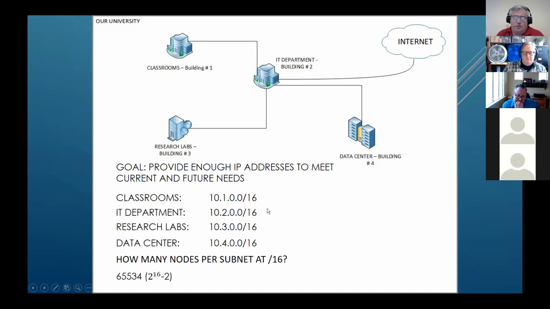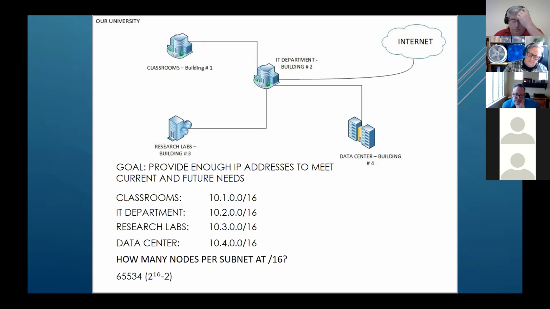So assuming your organization is smaller than 255 locations, you can do this. But if you get bigger than that, then yes, you have to do a different management scheme.